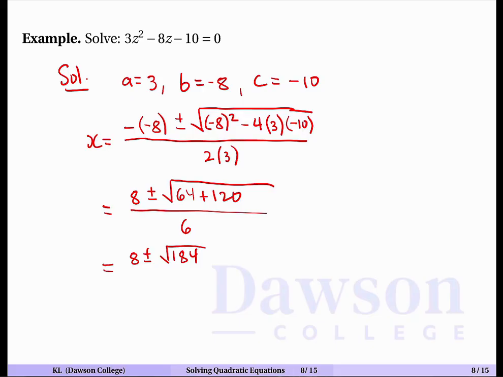But this 184 is not a perfect square, meaning there is no integer whose square is 184. Anyway, don't forget the denominator 6. However, we can try to factor 184 into some factors that have perfect squares.